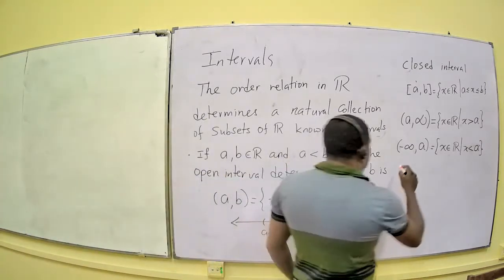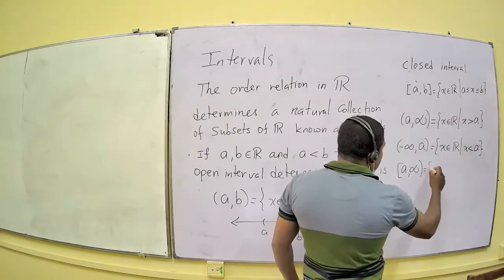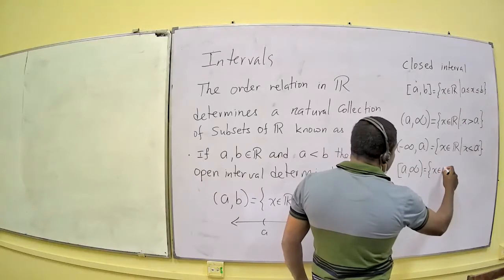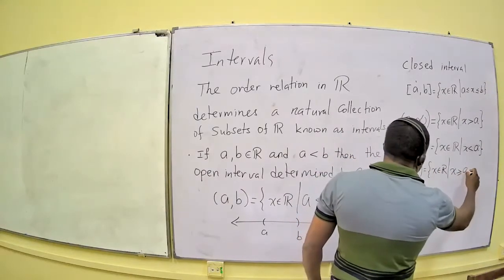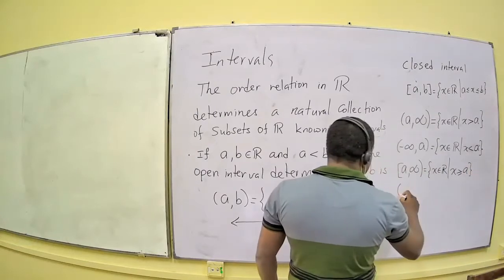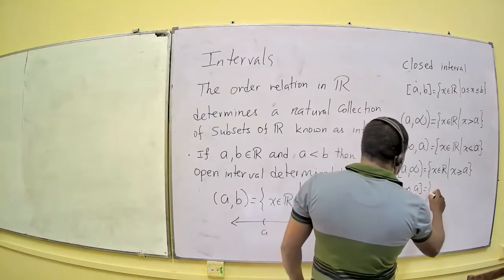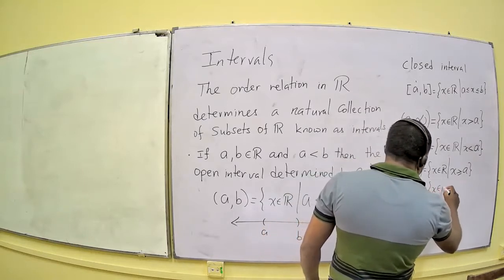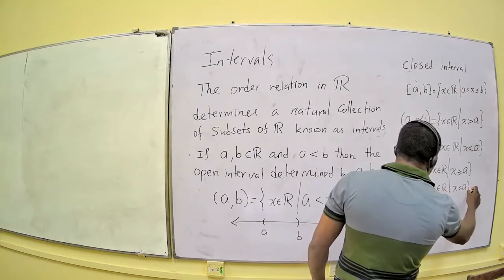So a comma infinity is also possible, that is, x belongs to the real numbers such that x is greater than or equal to a, and vice versa. Minus infinity comma a is the set of all x in the real numbers such that x is less than or equal to a.